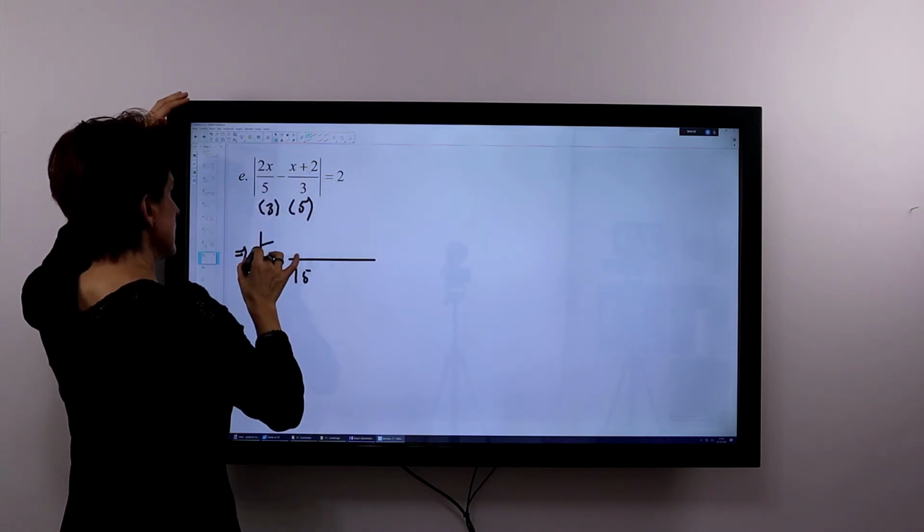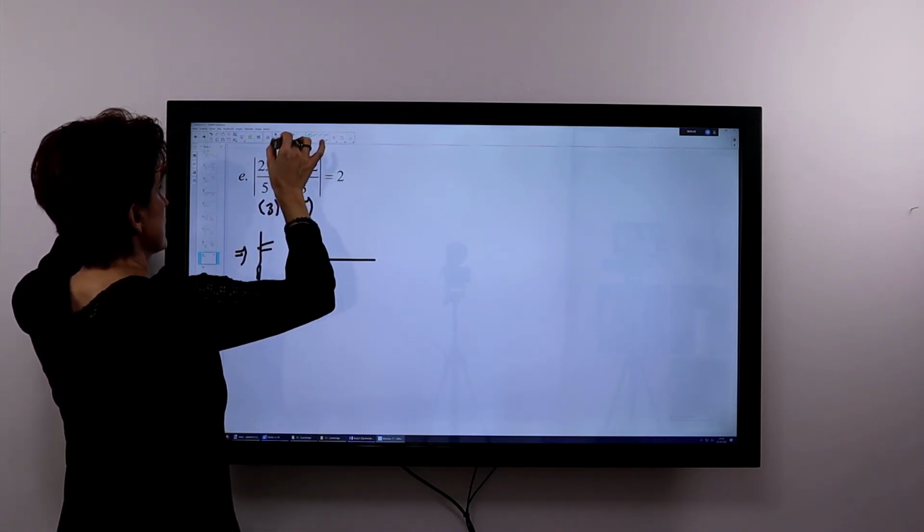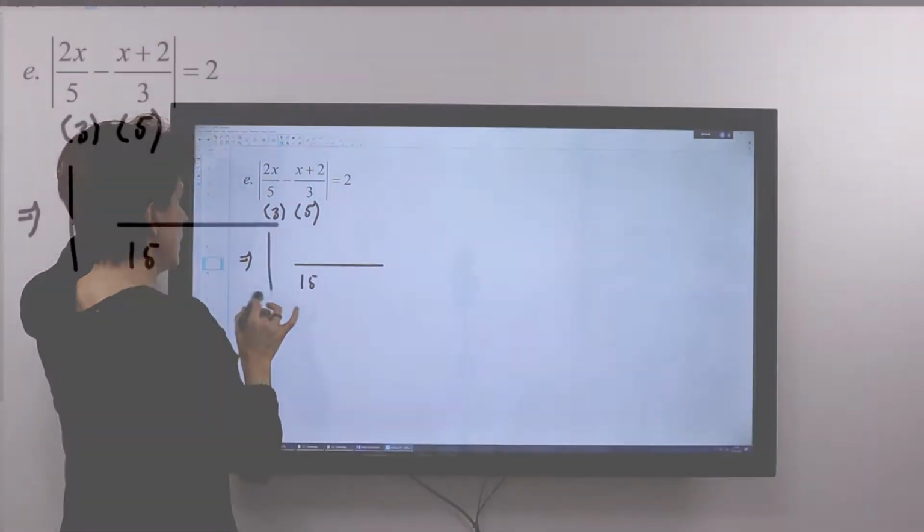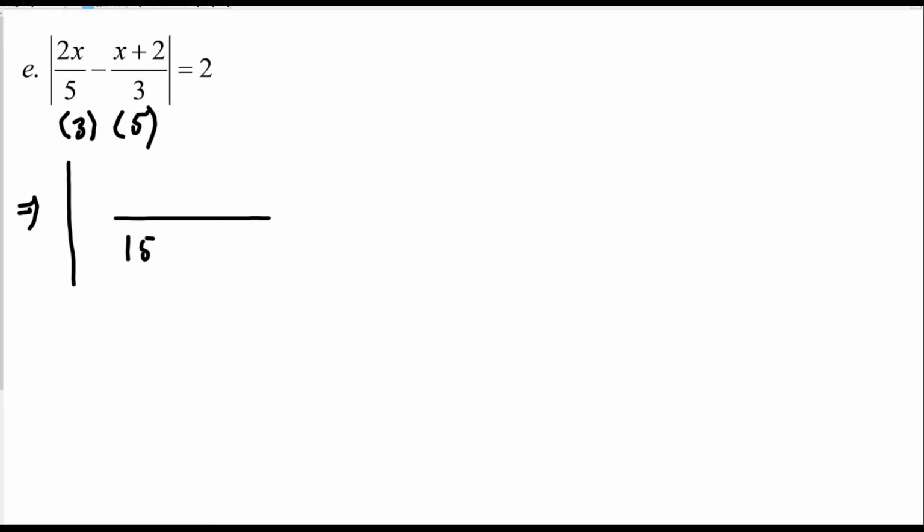Don't do this, because it's first. Better. Here, 2 times 3, 6x. Look at this, this is important here. This negative belongs to the whole numerator. For this reason, I'm going to write it in this form, because many students make this mistake.